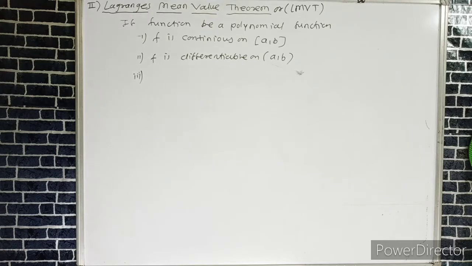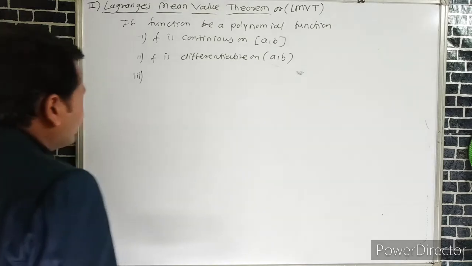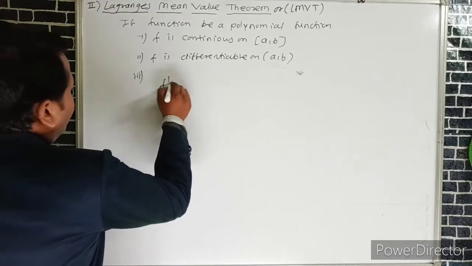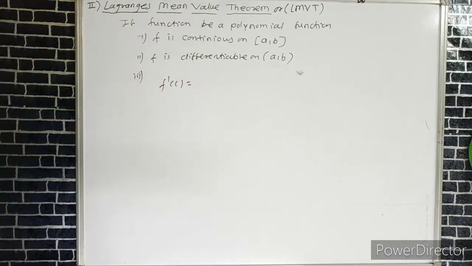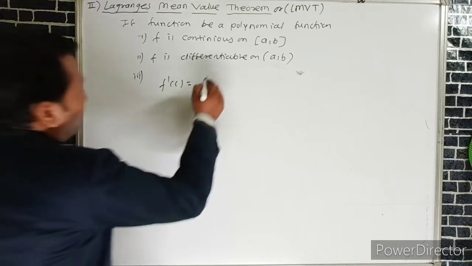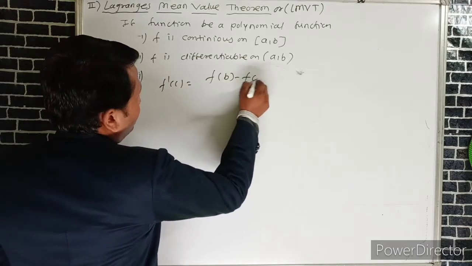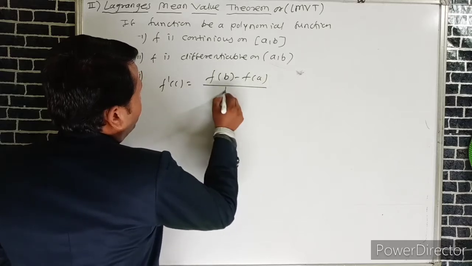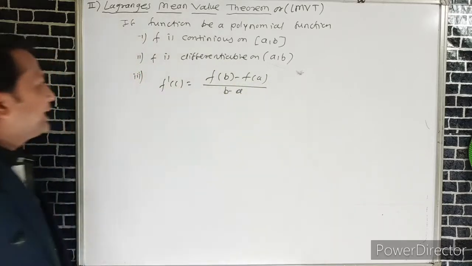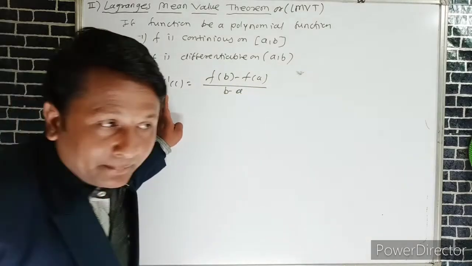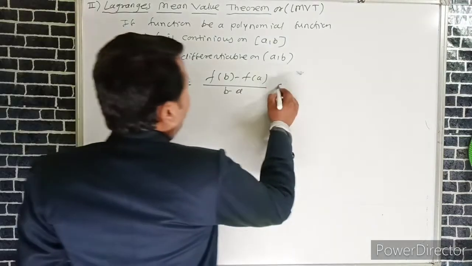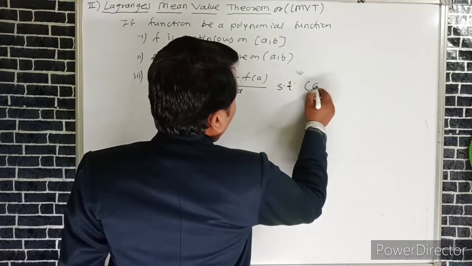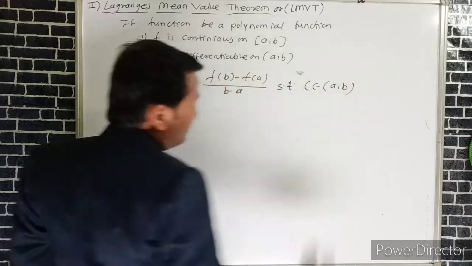then there exists at least one point c such that f dash of c is equal to f of b minus f of a upon b minus a. We can find the value of c, and c belongs to (a, b).